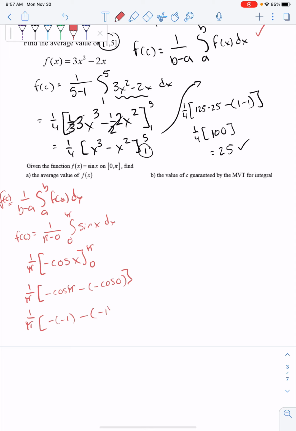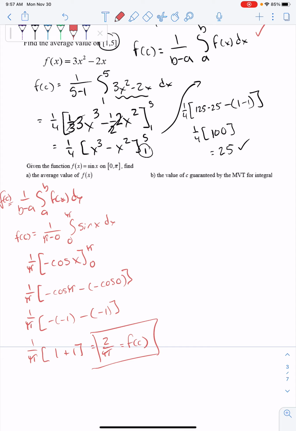So that becomes negative 1. So this is 1 over pi times positive 1 plus 1, which just becomes 2 over pi, not 2 pi. That's my f of c. That's my average height of my function.